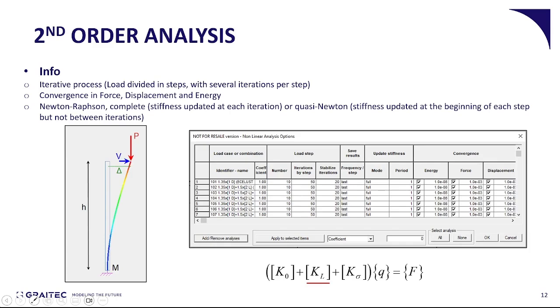There are two different computational schemes that can be used in order to perform this numerical analysis. Either a complete Newton scheme, where the stiffness is updated at each iteration, or a quasi-Newton numerical scheme, where the stiffness is updated at the beginning of each step, but not between the iterations.